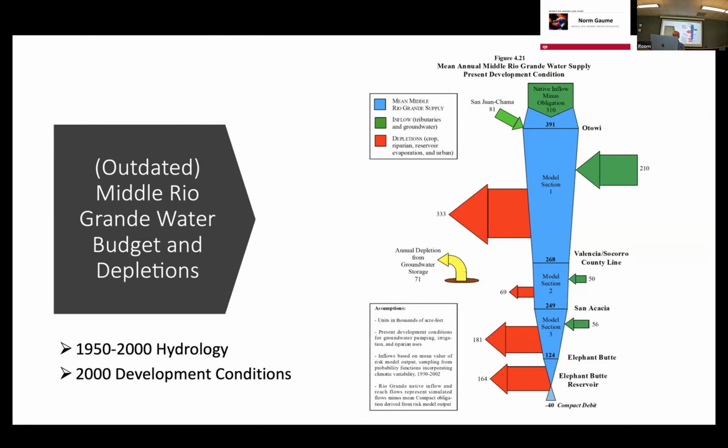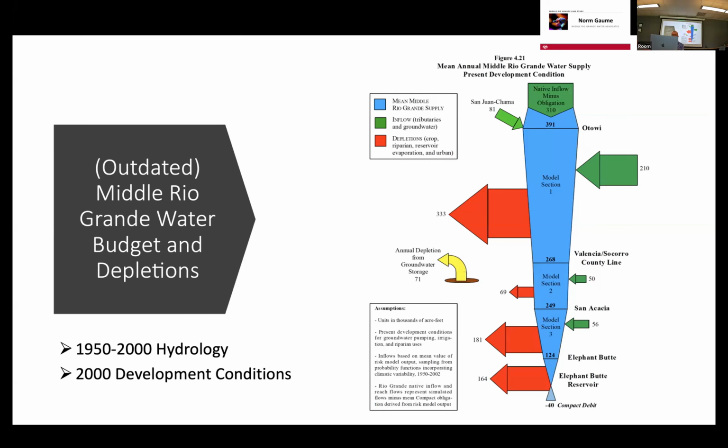And the bottom line in this study, and I'll talk just briefly about the study, is that under the conditions of 1950 through 2000 hydrology, this budget was developed with a risk model, and that was determined to be the average hydrology. The conditions that existed in the year 2000 were applied to that. And the result was a 40,000 acre foot deficit in the water that New Mexico delivers downstream.